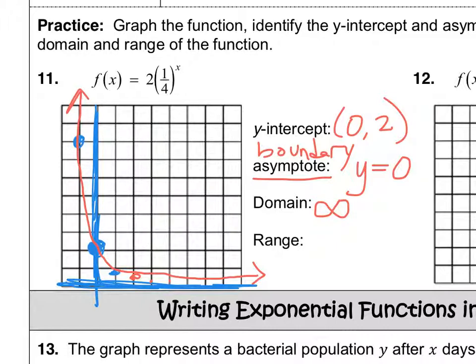But range changes a little bit because we have an asymptote. We know this is never going to touch 0. So our range is y has to be greater than 0. The top goes up forever, so infinity, but the bottom is never, ever, ever going to touch 0, so it's greater than 0.